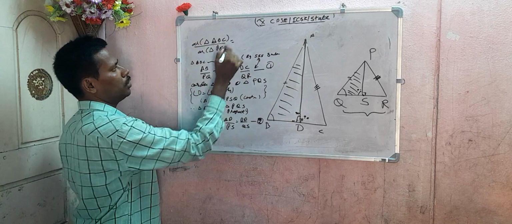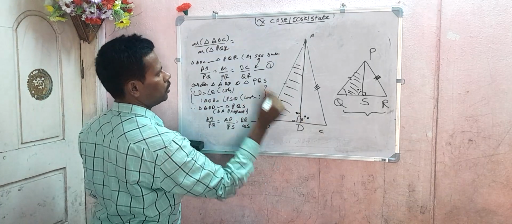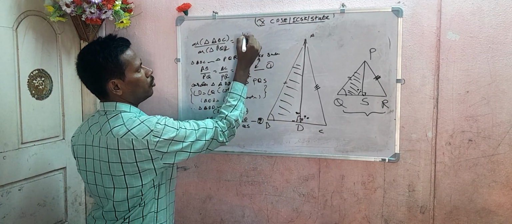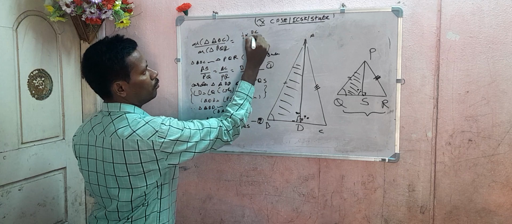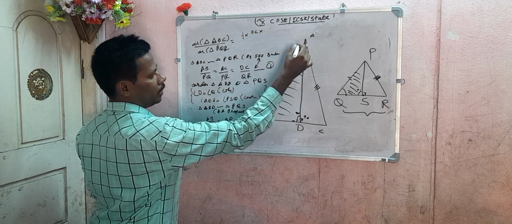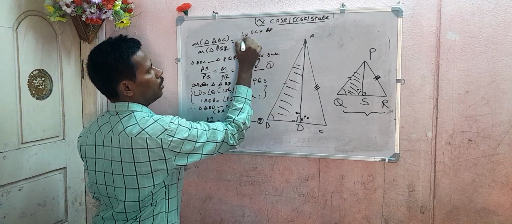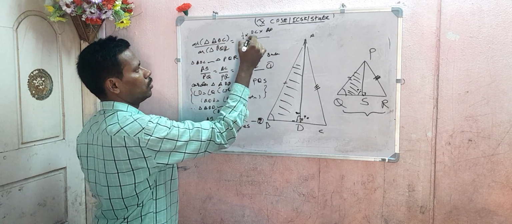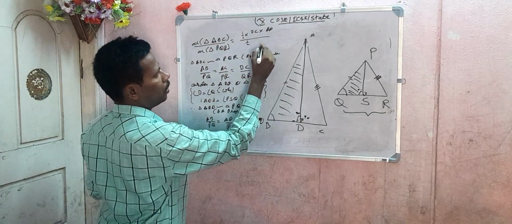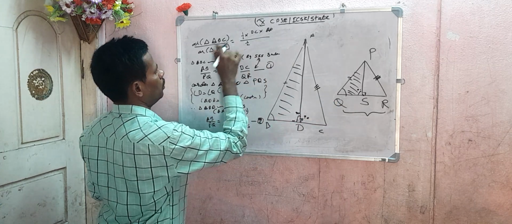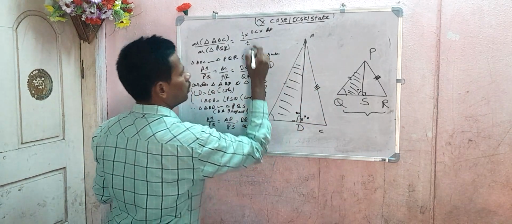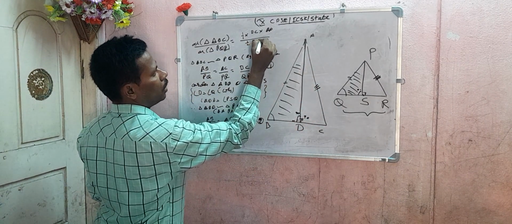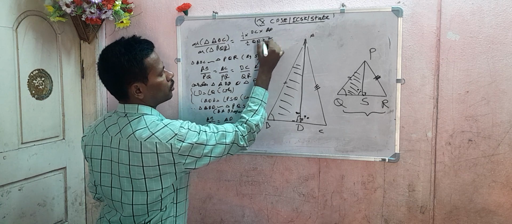What is the area of triangle ABC? Half into base into height. It is nothing but AD here. Next, take the area of triangle PQR: half into base QR into height PS.